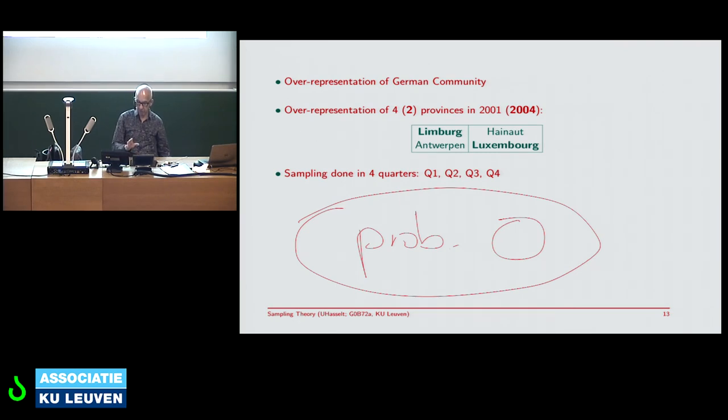So for Belgium, not a problem. For Wallonia plus the German community, maybe not a problem. But for the German community in itself, of course, yes. That's one thing. And second, the European Union wants every region to be represented.